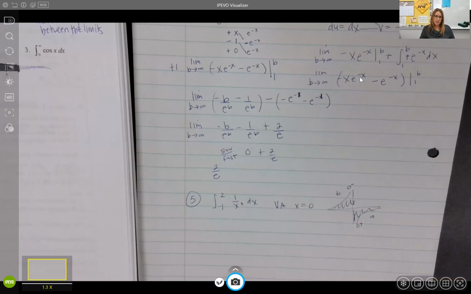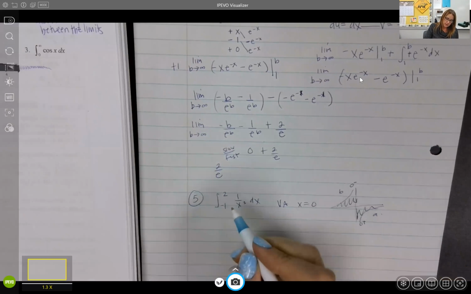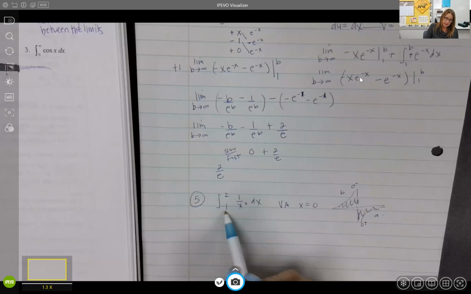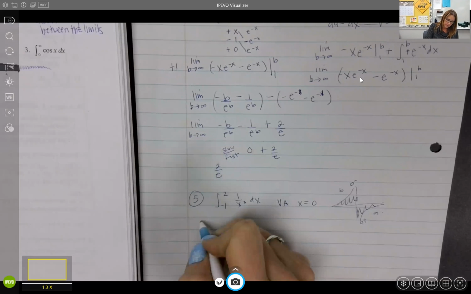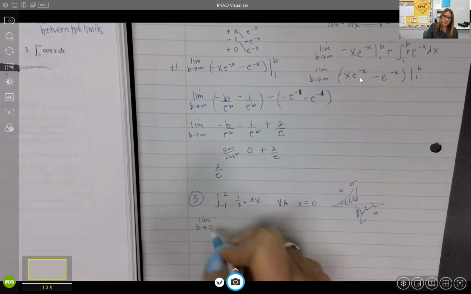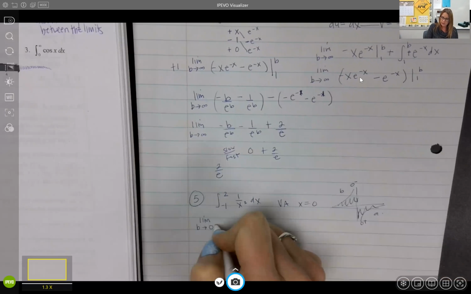Okay, so we're going to write two separate integrals. First of all, it goes from negative 1, and then it's going to stop at 0. So I'm going to have the limit as b approaches 0 is where I'm stopping, but I'm on the left side of 0, so I'm going to put a minus sign here.